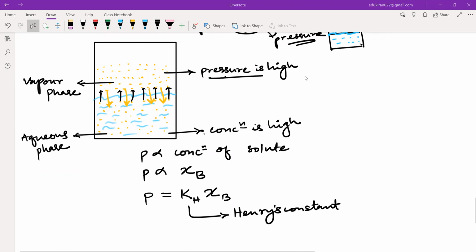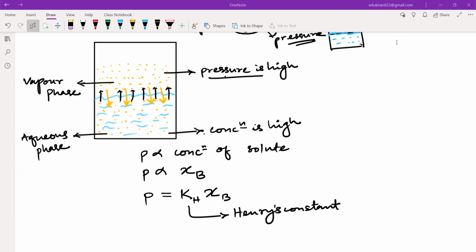What did you not understand, Umar? Concentration is high, yes, Maya. This is the assumption that I am taking. Yes or no? Tell me, Umar. Turn the mic on. The escaping tendency: if the concentration is high, more and more solute particles will escape out.